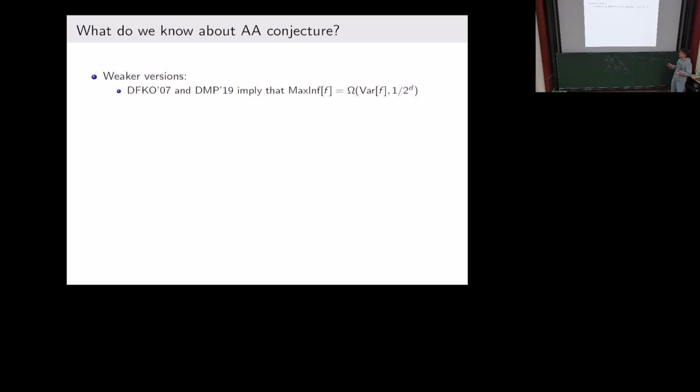So in fact, the Aaronson-Ambainis conjecture was not a conjecture that came out of nowhere. What Aaronson and Ambainis were inspired by was this paper of Dinur, Friedgut, Kindler and O'Donnell of 2007, that is very famous.